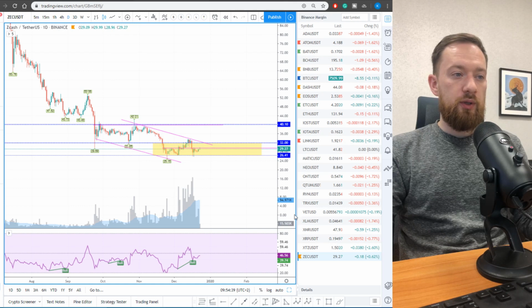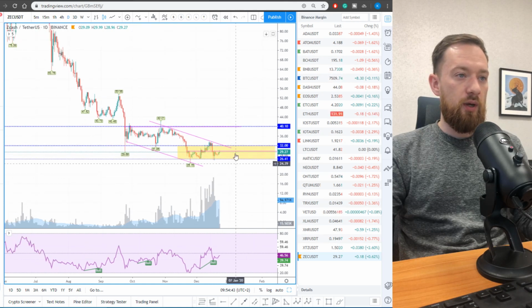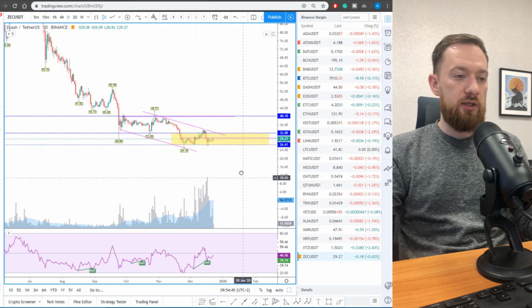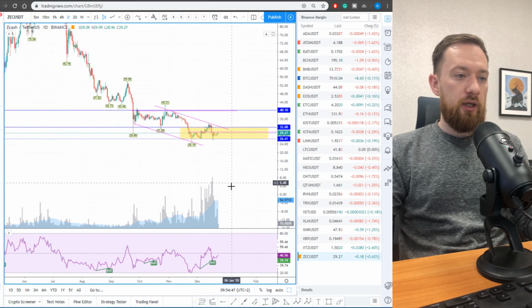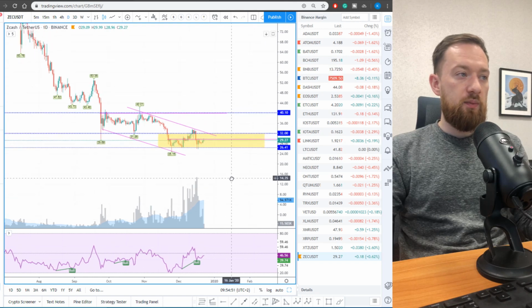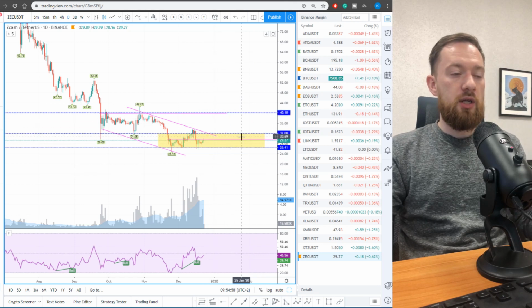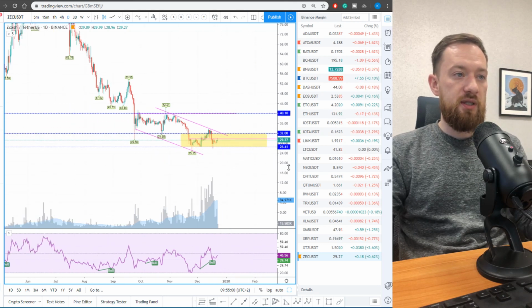Another one we're looking at is Zcash. We're currently in the zone where we can accumulate, we can see the volume. We can also see the divergence which is happening, but the key point would be if we can break the $32 mark and then go towards the upper part of the channel, which is a nice 24, almost 25%.